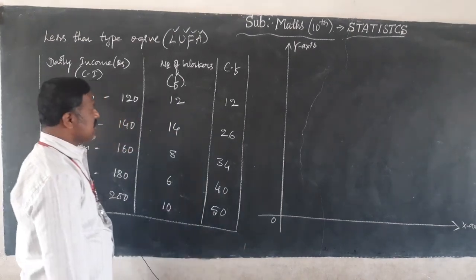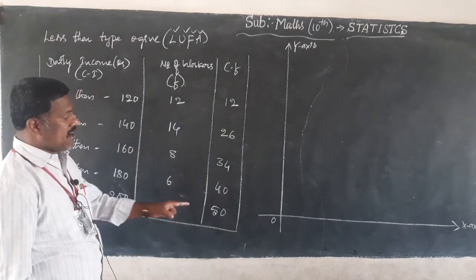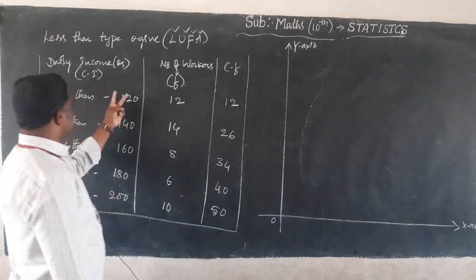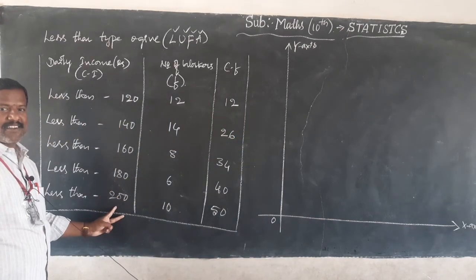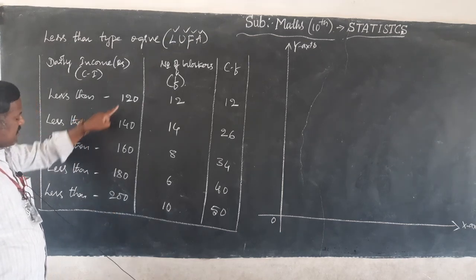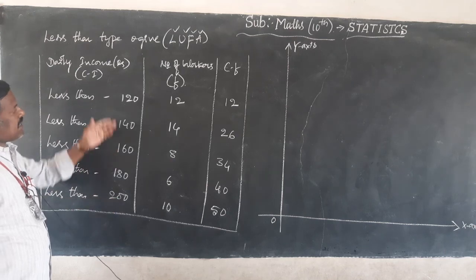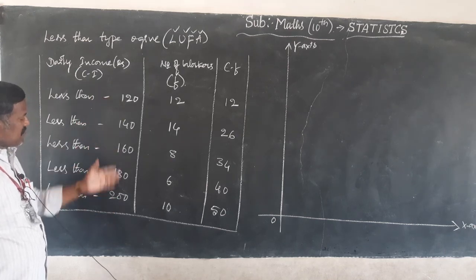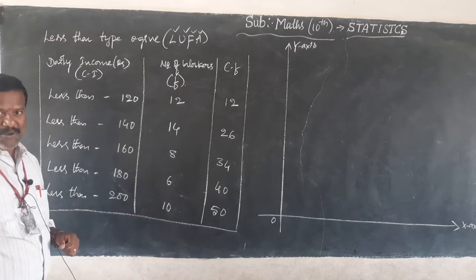Okay, children? On the x-axis we take the points from the less than column, from less than 120 to less than 200. These numbers are in arithmetic progression.